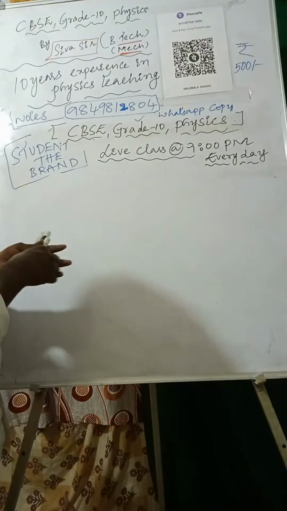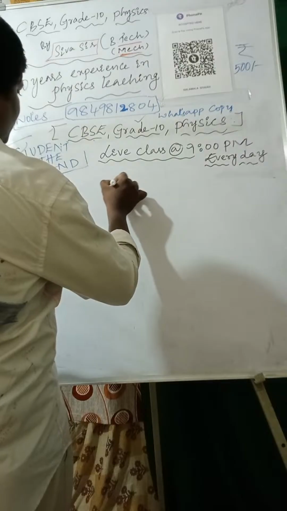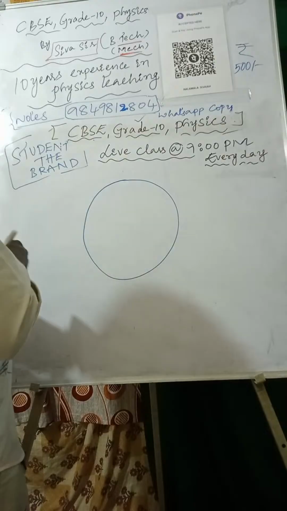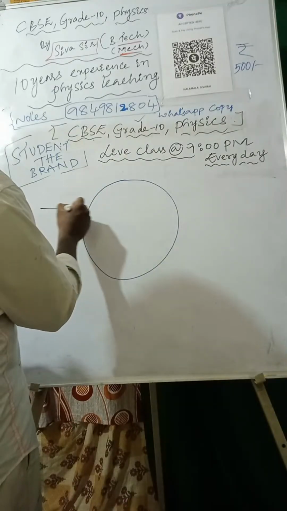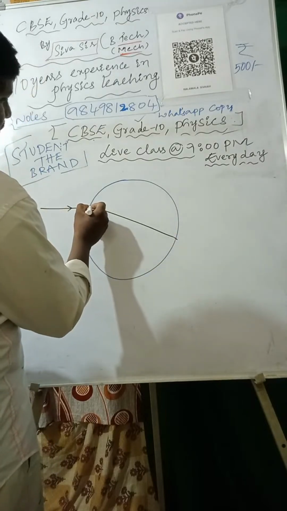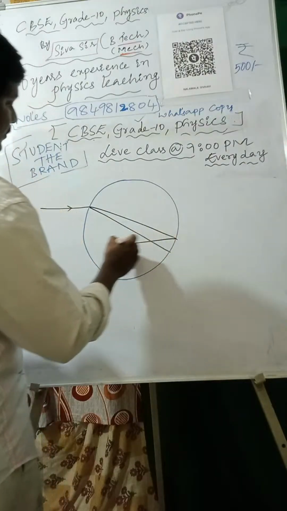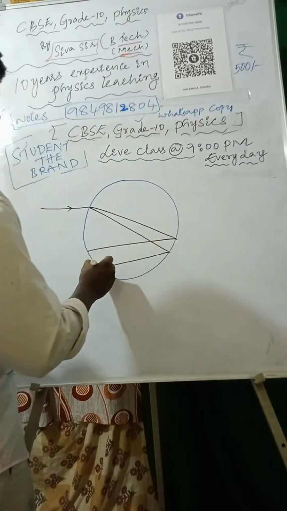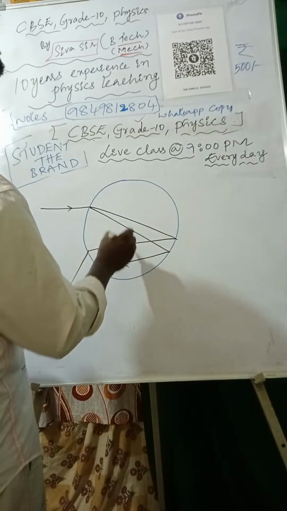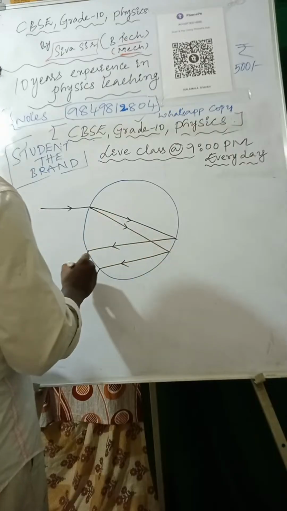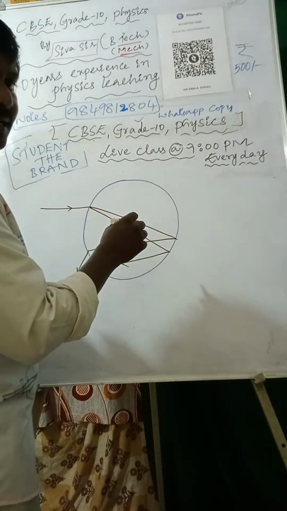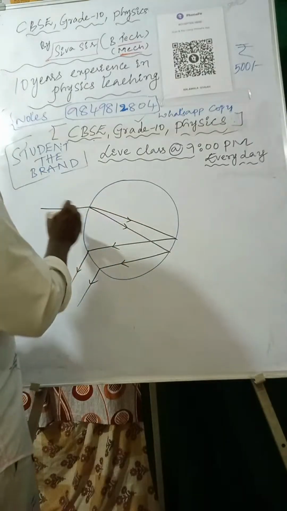So I'm taking the water droplet. This is a water droplet. Light is incident on it, and it's split into 7 colors. This is the white light, whichever light is falling on it.